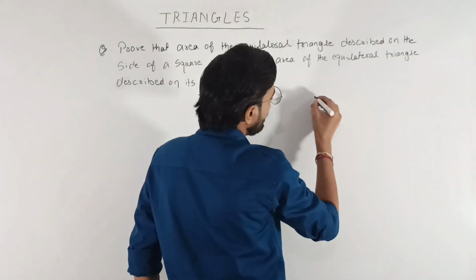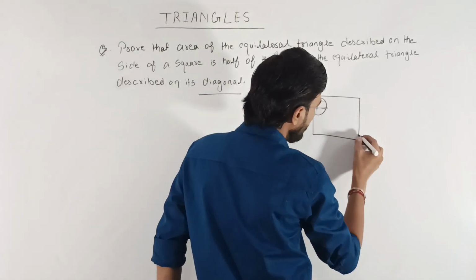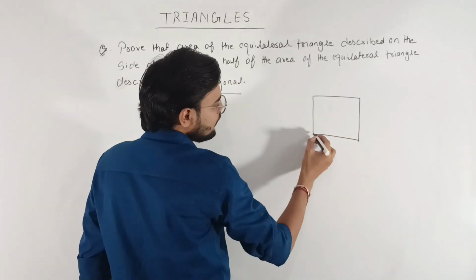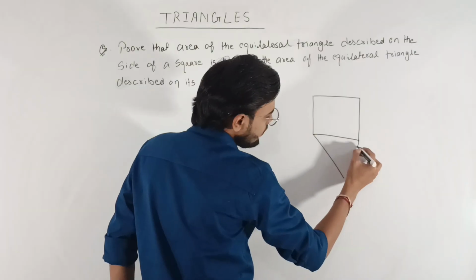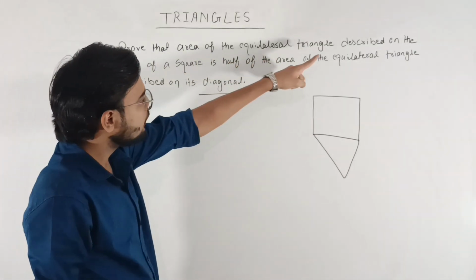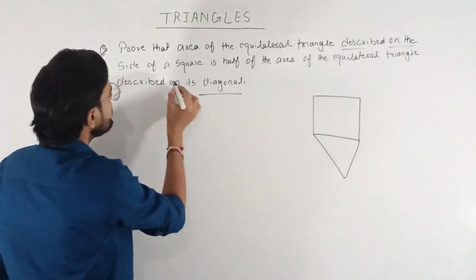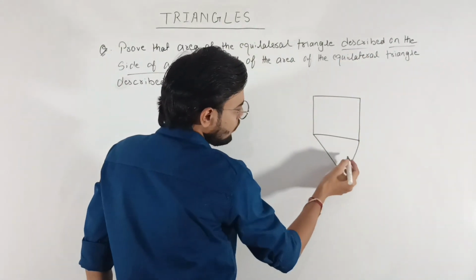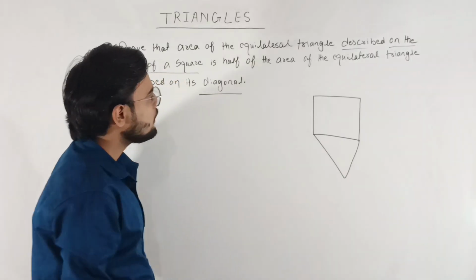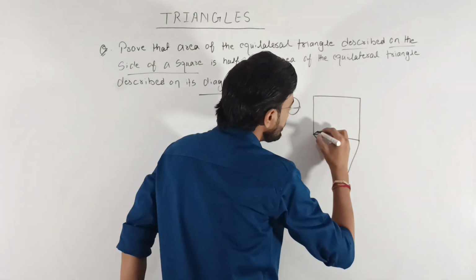Look here, suppose I have a square. This is my square. One triangle is described on its side. This is one equilateral triangle and the second one is described on its diagonal. So the diagonal is what? This one is the diagonal.